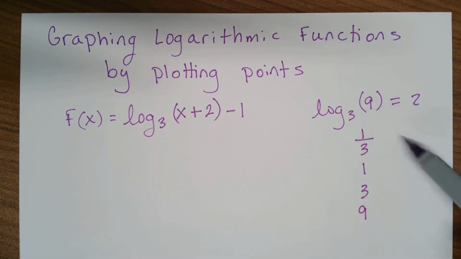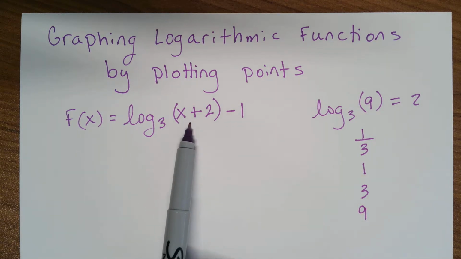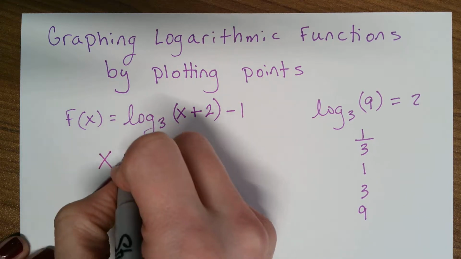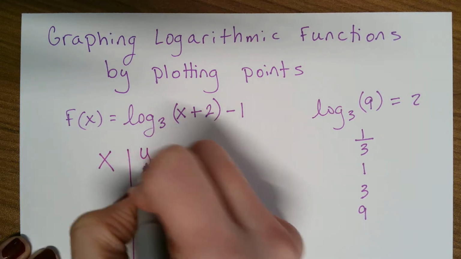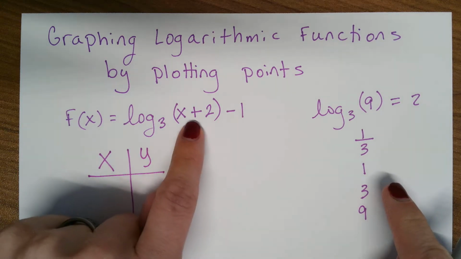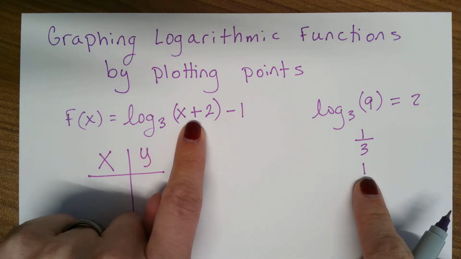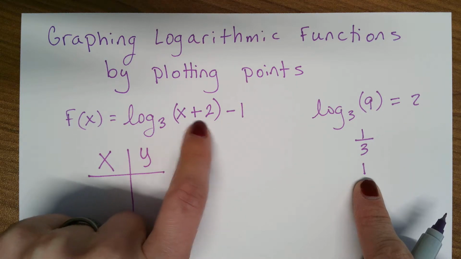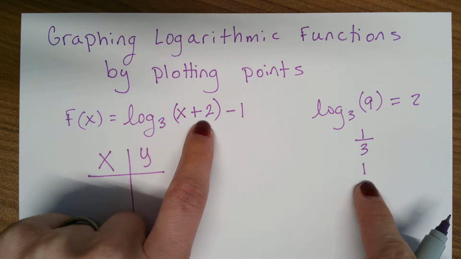So these values are what I want the number inside the parentheses to equal. So I'm going to get some x values and some y values. If I want whatever's inside the parentheses to equal 1, think about what x would have to be to give me 1? Well, -1 plus 2 would give me a +1.